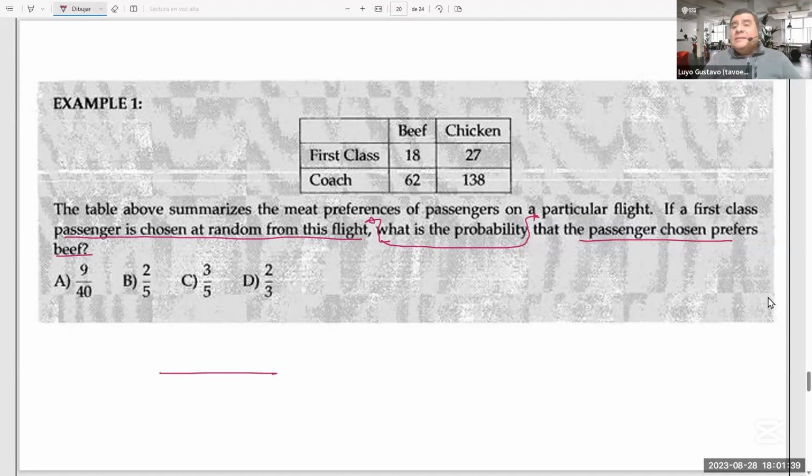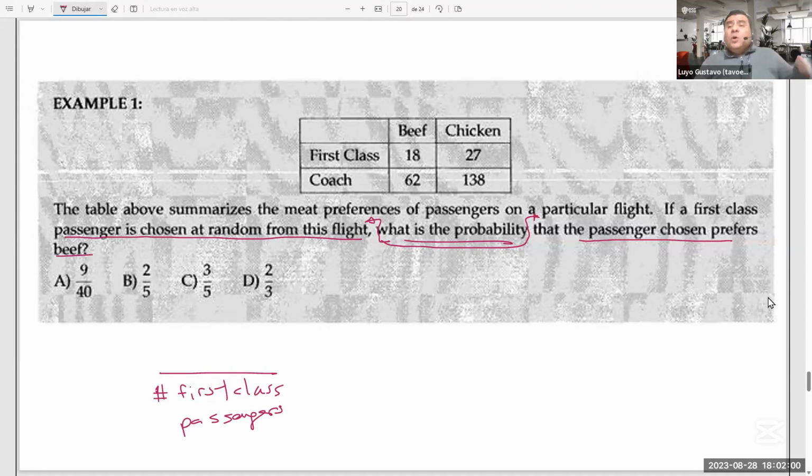So, what is the total number? This is the number of first class passengers. And what is the target group? What comes after the phrase? Passenger chosen prefers beef.